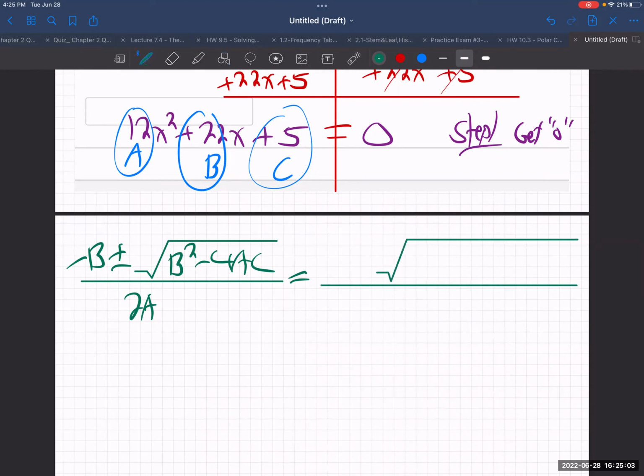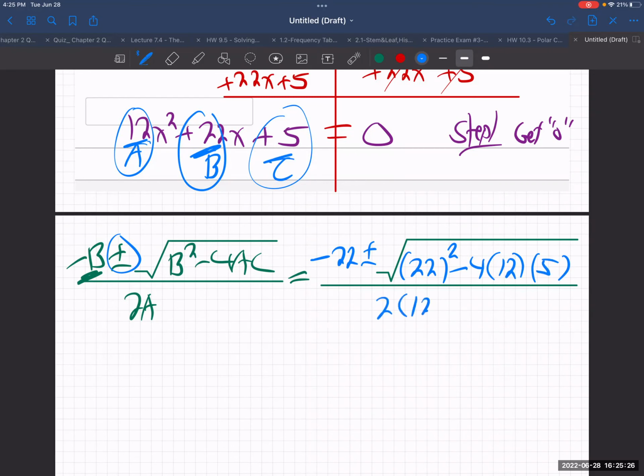So now it's negative b. So that'll be negative 22 plus or minus the square root of b squared, which is 22 squared, minus 4 times a times c. A is 12, c is 5, all over 2a, 2 times 12.